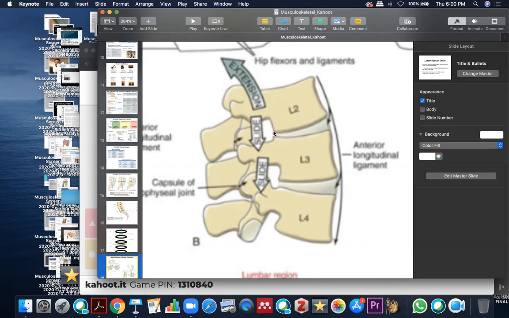And if you think about what that would do to the intervertebral foramen, if the vertebra is moving down, it's going to decrease the circumference of that intervertebral foramen. So there's going to be less space in that intervertebral foramen. And Dr. Young called them neural foramens, or NF. It's the same thing.